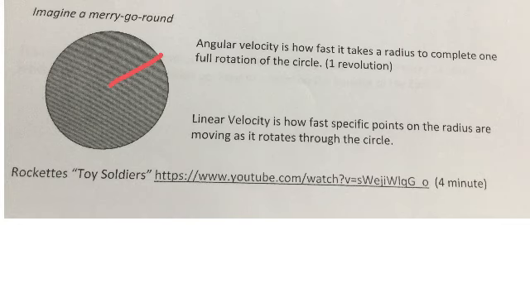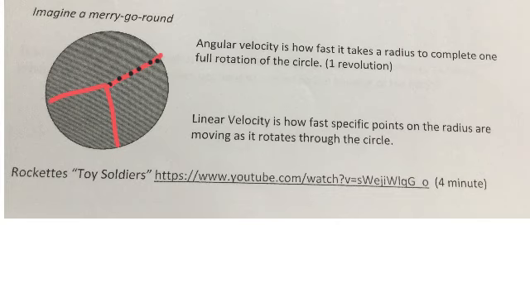Well, no matter where you're at on the radius, as that bar is getting pushed around, say it gets pushed to this point or to this point, no matter which of those black dots you are along the radius, it's going to take you the same amount of time to get back to your original starting position. So that is the angular velocity. It's how long it takes a radius to complete one full revolution.